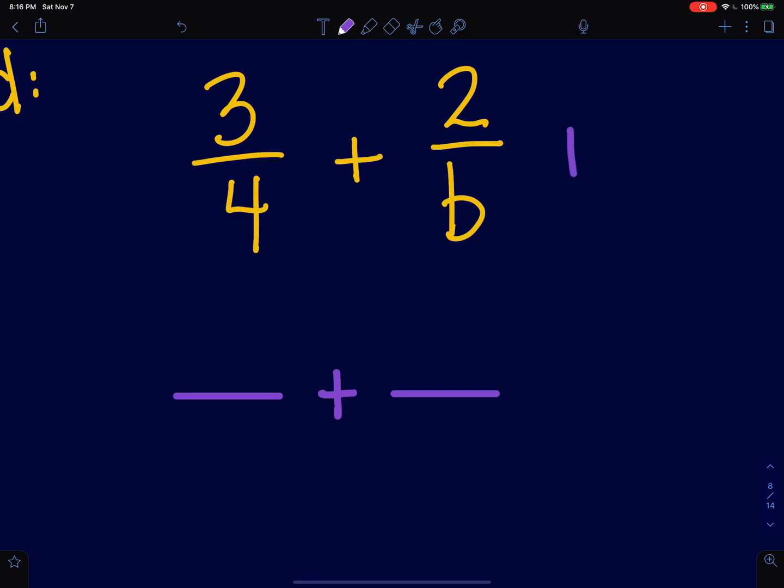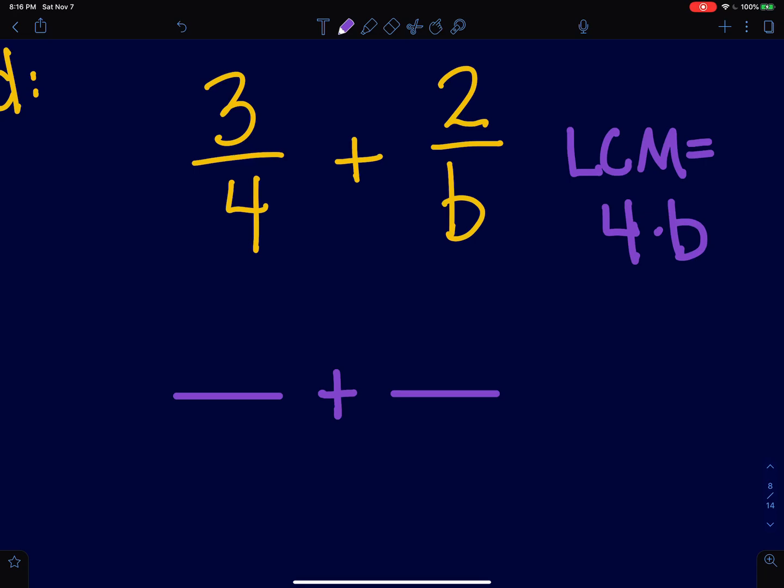So we're going to write the LCM. And the LCM, as we learned before, has to have every single factor. Okay? So it's going to have a 4, and it's going to have a b.